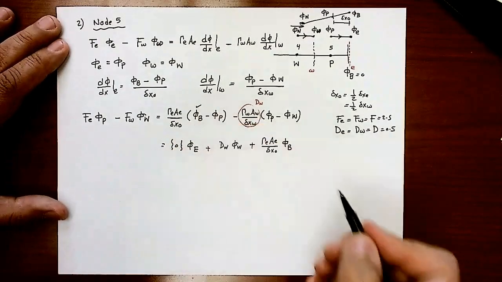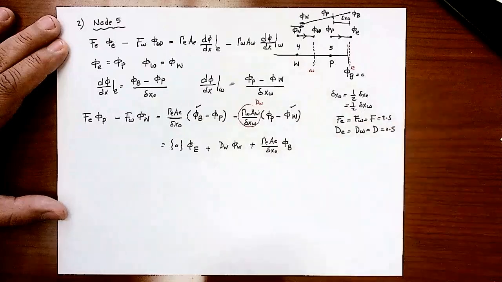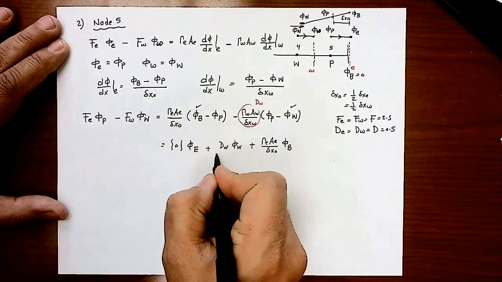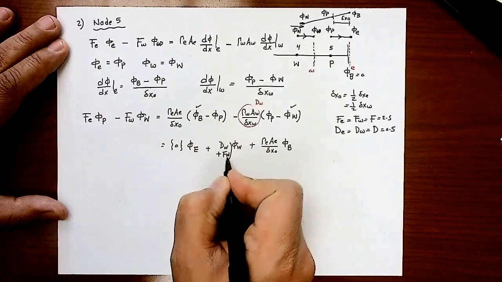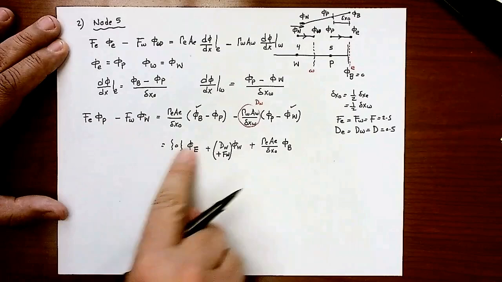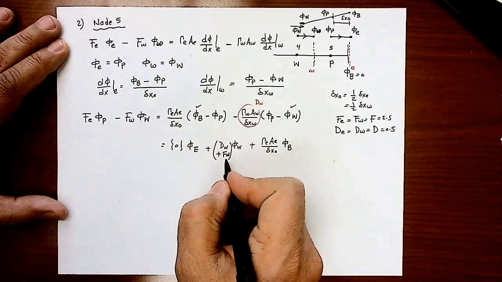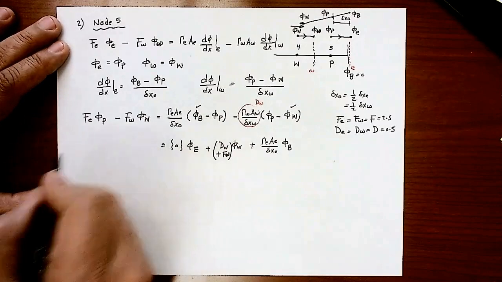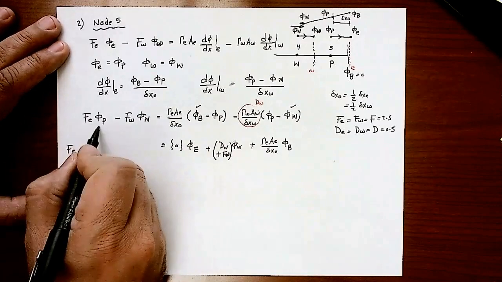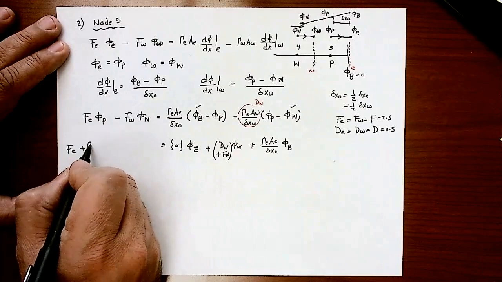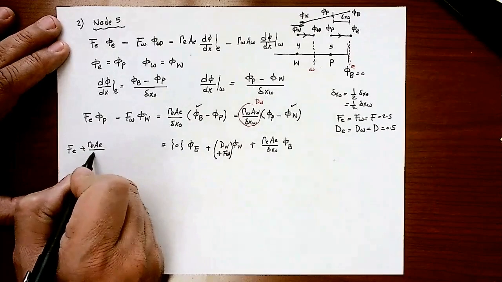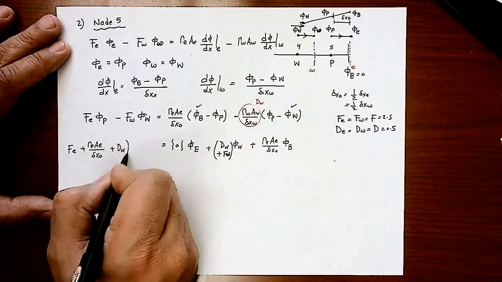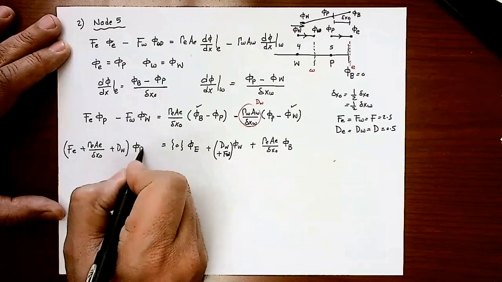So I took that term, and I took that term as well. The two remaining terms are phi P. Oh no, actually we have F west here, so that's plus F west as well. This will come to the other side, right? So the left-hand side will be simply the phi P terms. I will have F east, kappa east A east over delta x node, and D west, multiplied by phi P. Let's double check that.